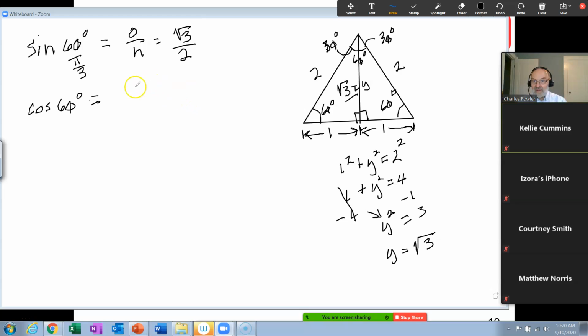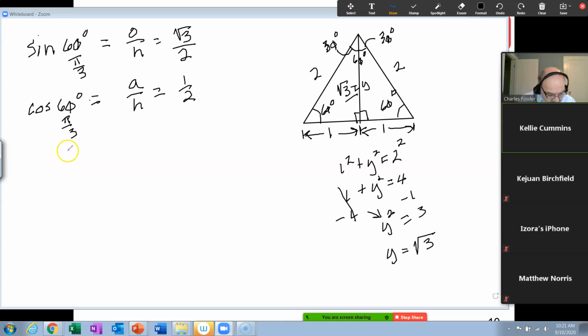Cosine is caught another hen. A stands for adjacent side. What's the adjacent side to 60 degrees? 1 over its hypotenuse, 2. So that's 1 over 2, or 1/2. You could have written this as pi thirds again. You didn't have to use 60.